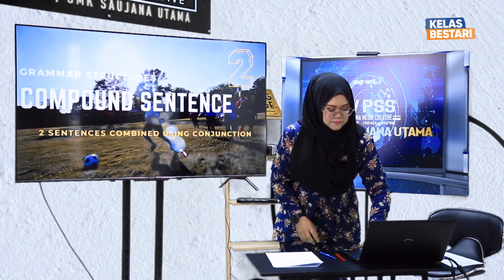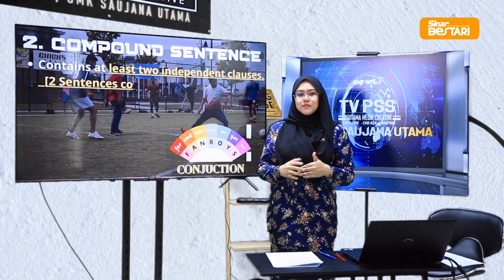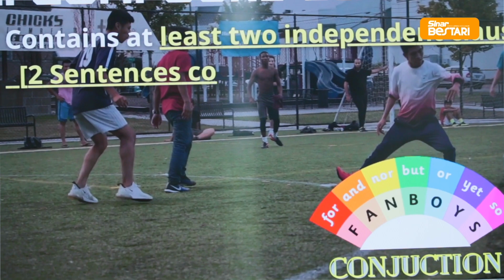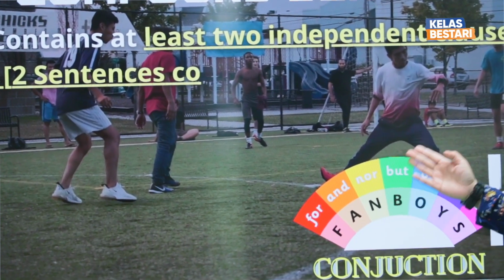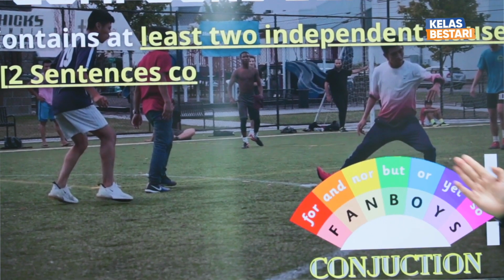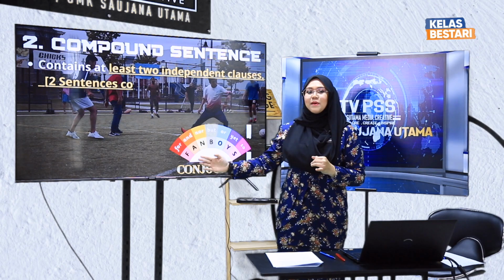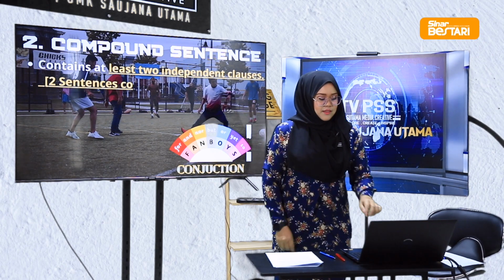Let me show you. For conjunction fanboys, which is the basics one, it consists of for, and, nor, but, or, yet, and so. Fanboys. This is the basic conjunctions that you can use in your daily sentences.